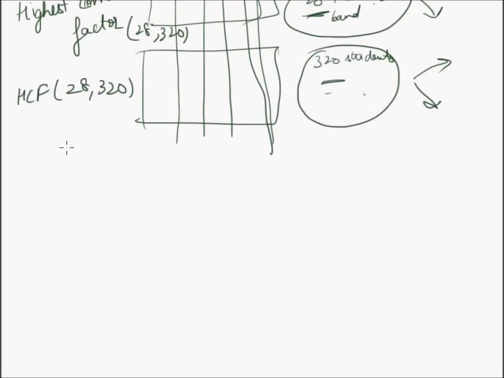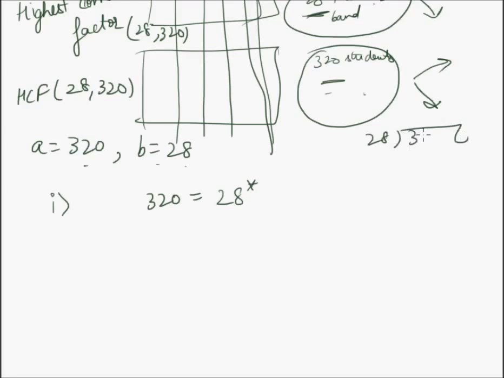So let us take the value of A as 320 and the value of B as 28, because 320 is greater than 28. The first step was to apply Euclid Division Lemma on both these numbers, and we will get 28 into some value, which we can solve by the division process.